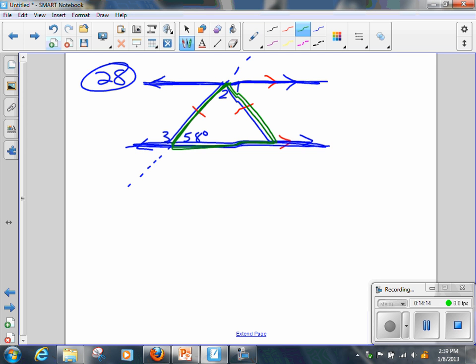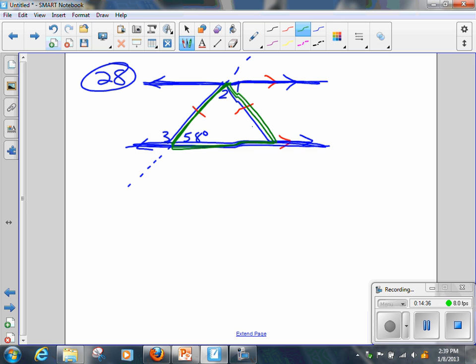It's an isosceles triangle. Yes, which 2 angles are congruent? Tell me where they are. Right here? Yes, what are they called, y'all? Base angles.